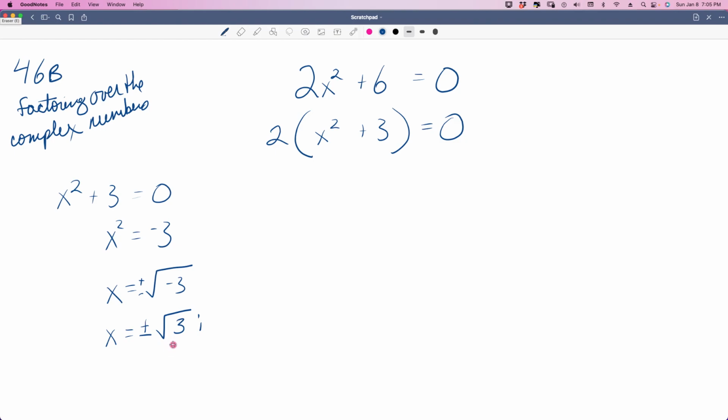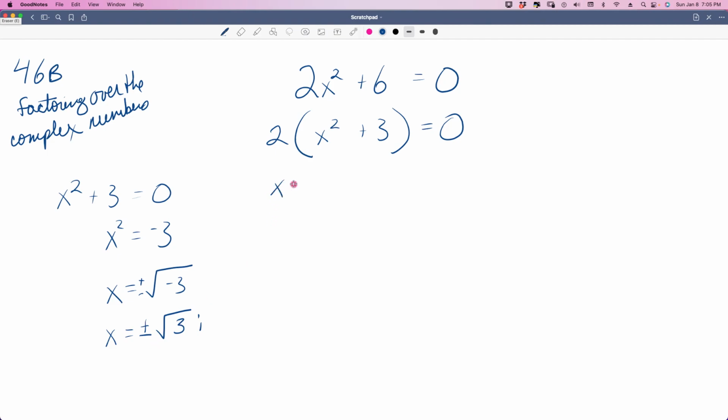But now we want to be able to factor this. We can't factor it like this because it's an expression. We have to put it back into that expression form now that it has been unsquared. So we are going to split this apart into both the positive and the negative.